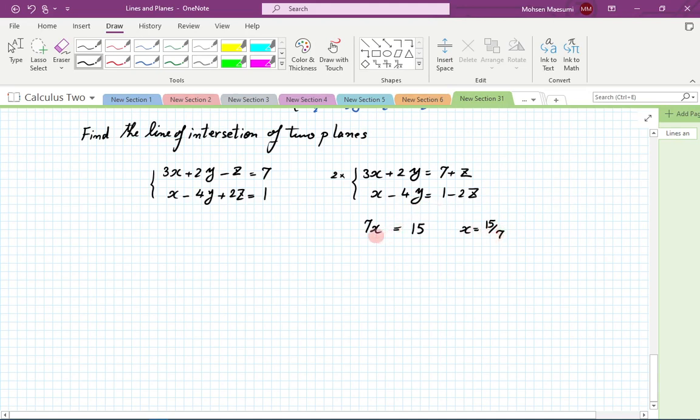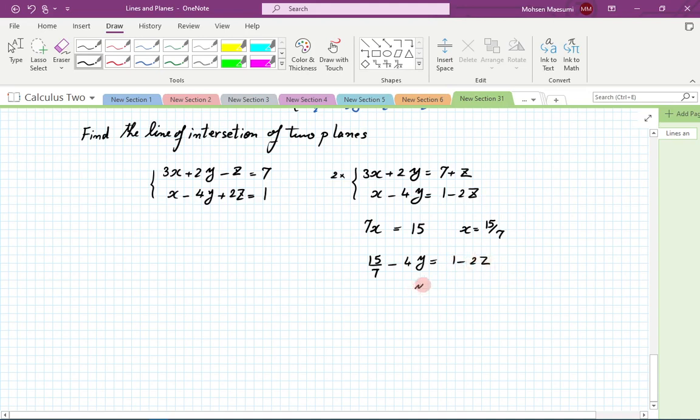If I take this and plug it back into either of the equations, for example I put it here, then I'll have 15/7 minus 4y is equal to 1 minus 2z.